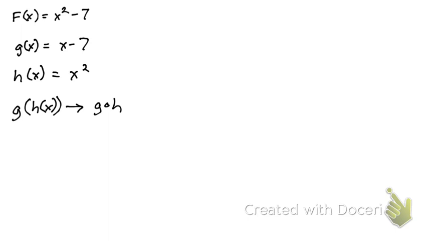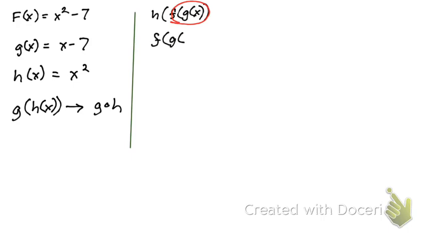At the end of the day, I need to do h of f of g of x. Let's just focus on the f of g of x part. Well, f of g of x would be f of whatever g of x is.